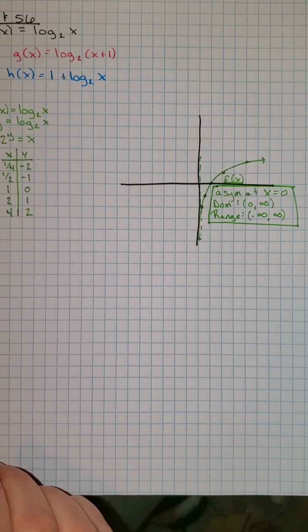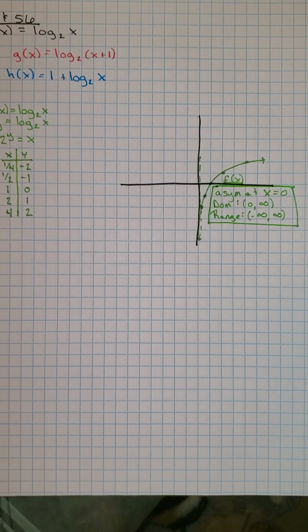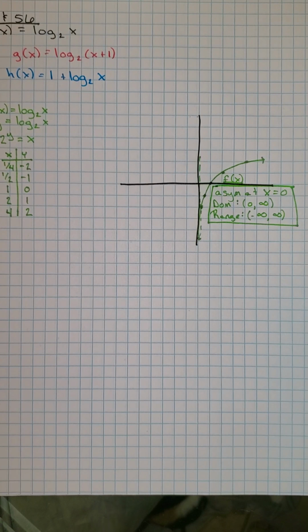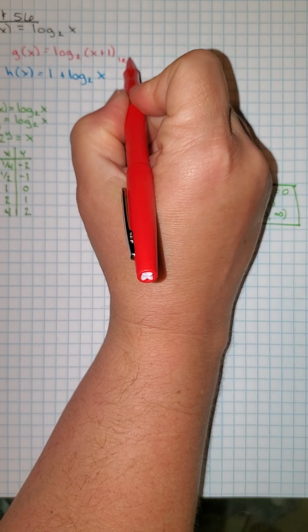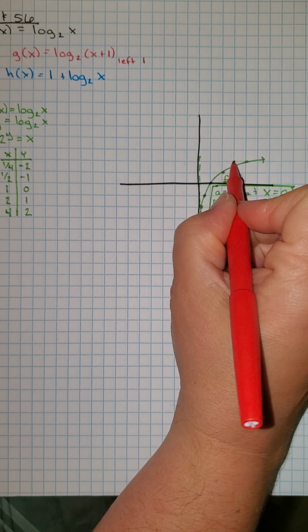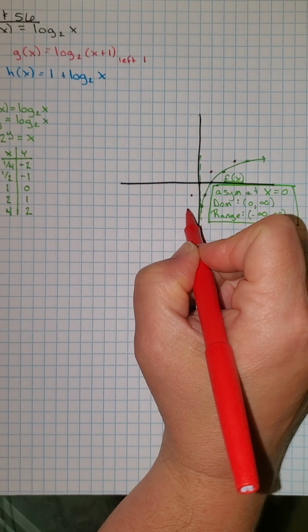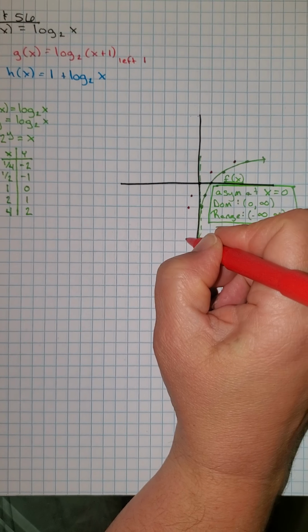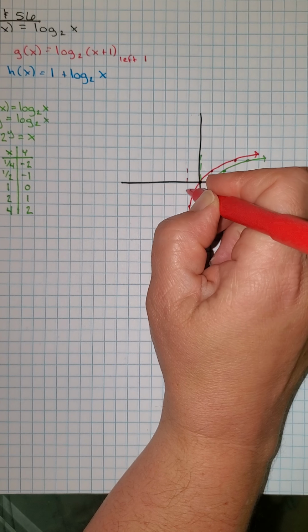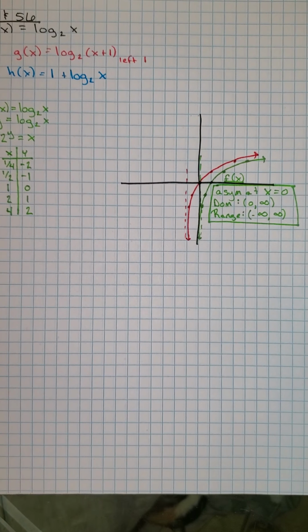Now we're going to just translate this to get our others. This next one, for g of x, we have plus 1 inside the parentheses. So it's going to move to the left 1, because remember, it's opposite. So I'm going to move all these points left 1. And what's going to end up happening with this one is the asymptote will move also. So now our asymptote is at x equals -1.